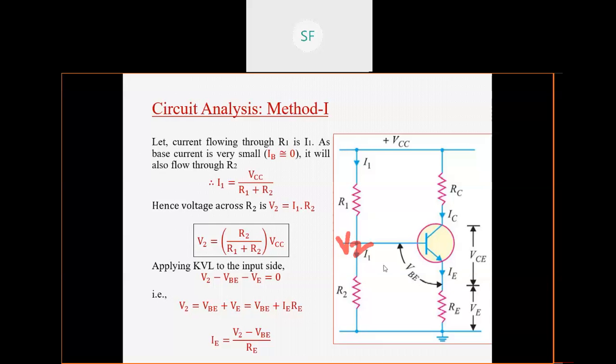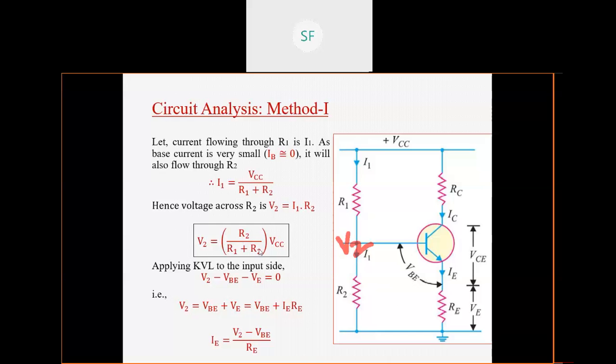So we will apply KVL, that is Kirchhoff's voltage law, to both the input side as well as the output side. Why are we doing this? The end product required is a formula for IC and VC. That is your aim, you have to find the output current and output voltage, and for that we are deriving formulas in this particular analysis, okay? So you cannot directly find their values, so that's why you have to first analyze the input side and then we will go for the output side.